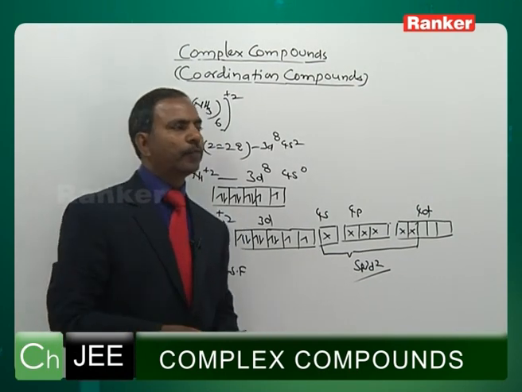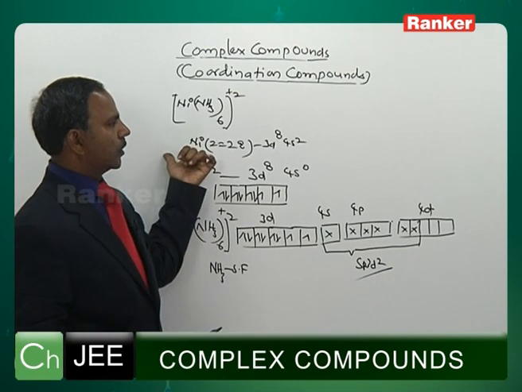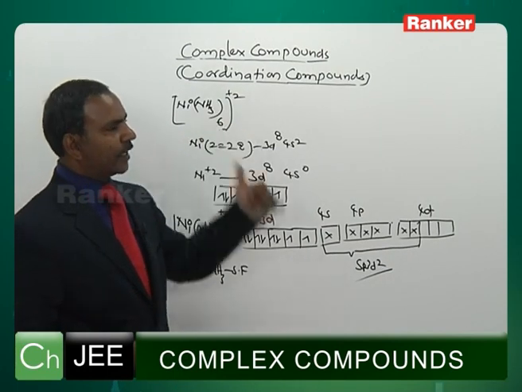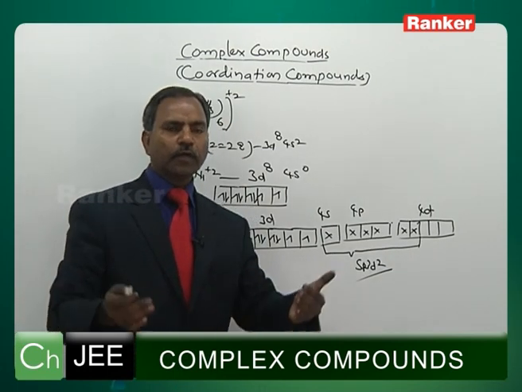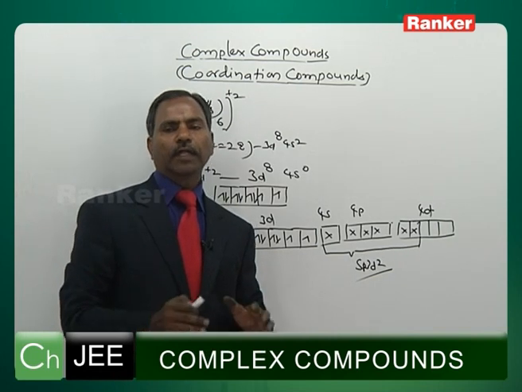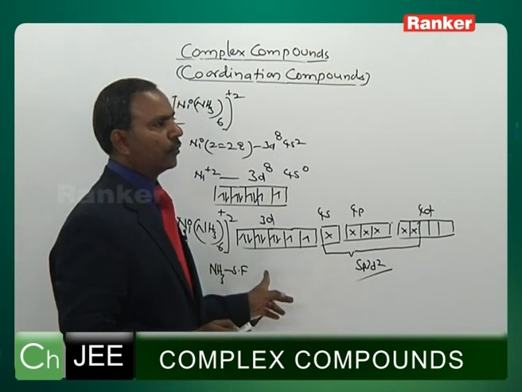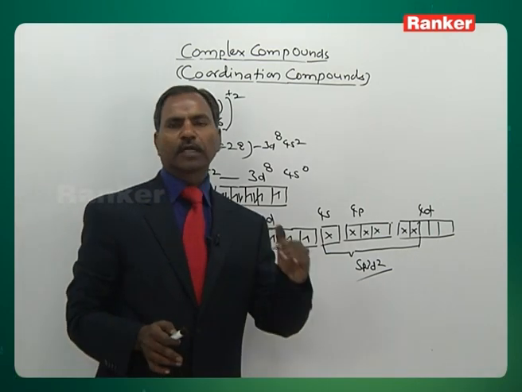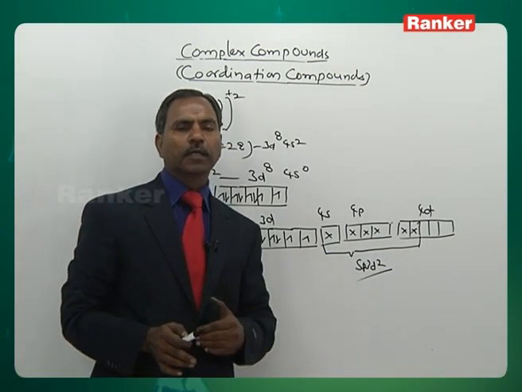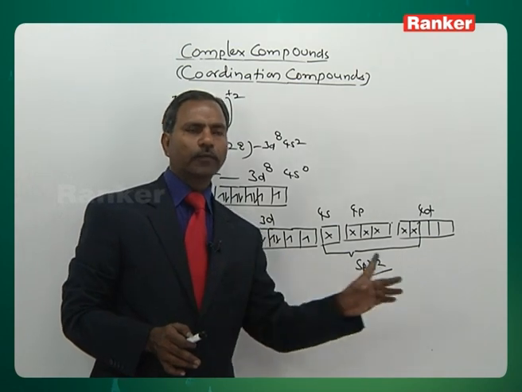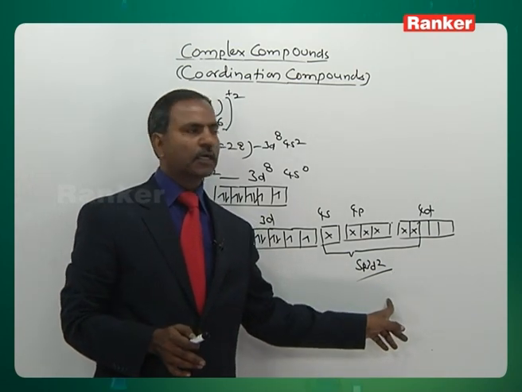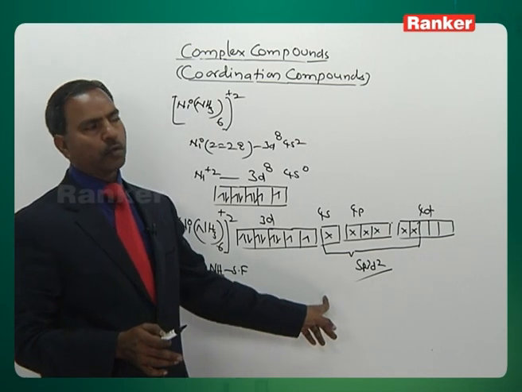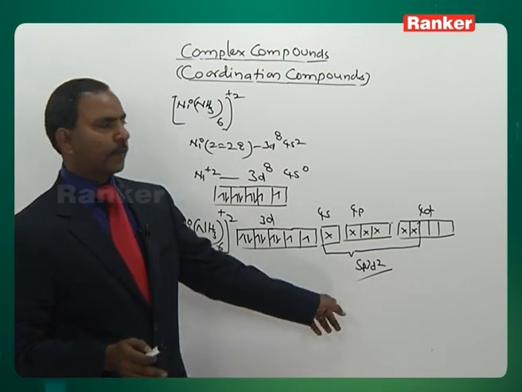Therefore, even though nickel plus 2 has a strong field ligand and d8 electronic configuration, even with a strong field ligand the electrons are not getting paired. This you have to take as an exception. So in d8 octahedral geometry with strong field ligands, electrons are not getting paired. You get an outer orbital complex, 2 unpaired electrons remain, and 2.8 is the magnetic moment.